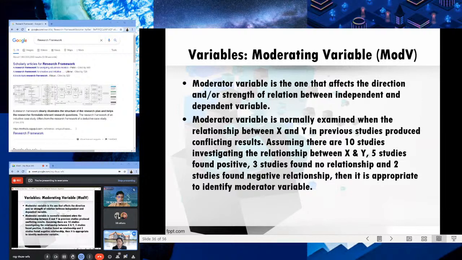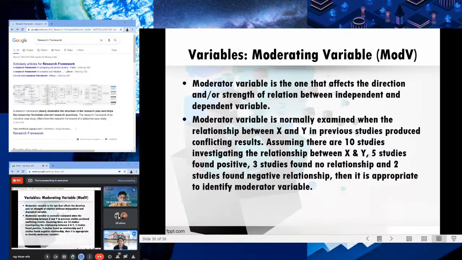Assuming there are 10 studies investigating the relationship between X and Y. 5 studies found a positive relationship, 3 found no relationship, and 2 found a negative relationship. It is then appropriate to identify a moderator variable. So what you understand from here is that in some cases you have to use the moderating variable.